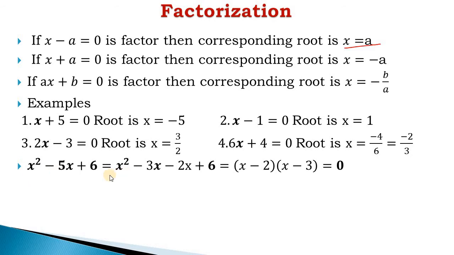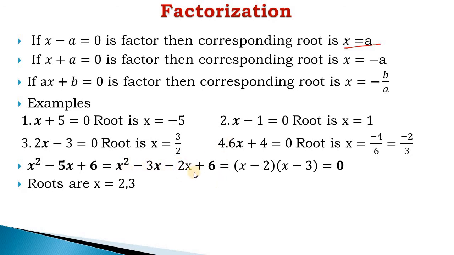Now a quadratic equation can also be written in terms of linear factors. So x square minus 5x plus 6: I rearrange minus 5x as minus 3x minus 2x, and then take x outside from the first two terms, where we get x minus 3.